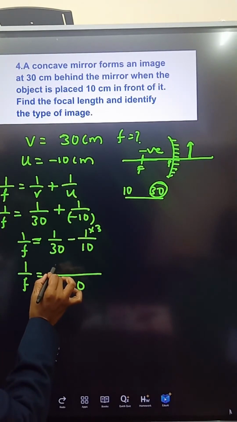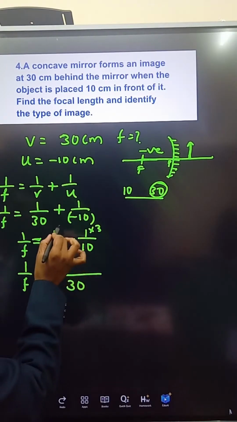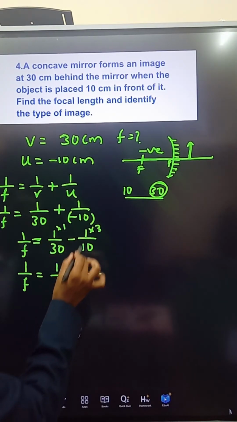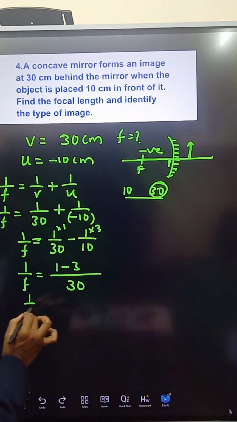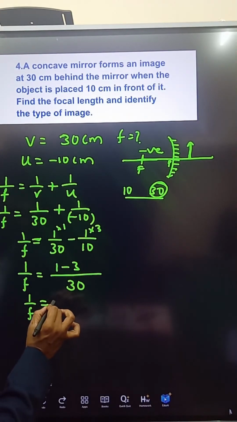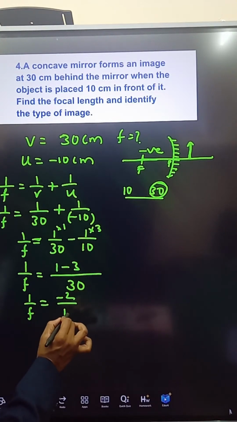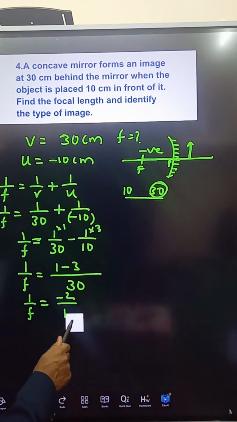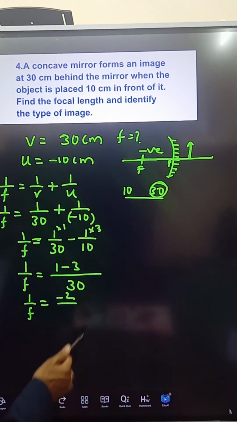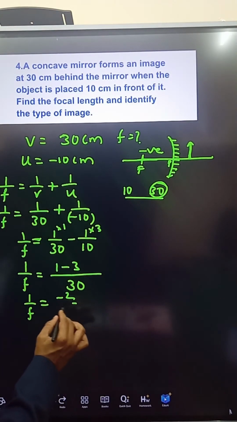This becomes 1 minus 3. What do we get here? 1 by f is equal to minus 2 by 30. Okay, 2 by 30, you write.